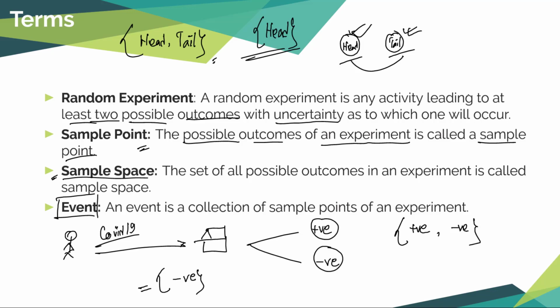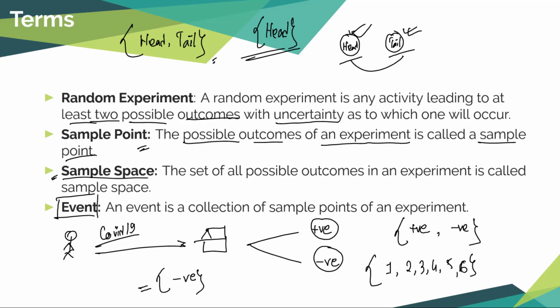Now, let me give you another example where suppose the sample space is 1, 2, 3, 4, 5 and 6. That particular experiment has 6 different possible outcomes, so this will be called the sample space if I write down all the possible outcomes. And suppose I am only interested in the even numbers.